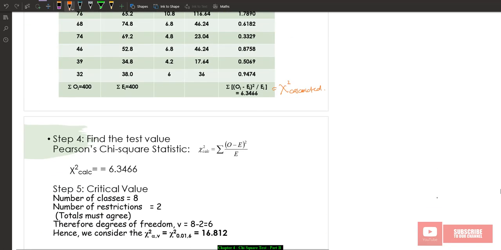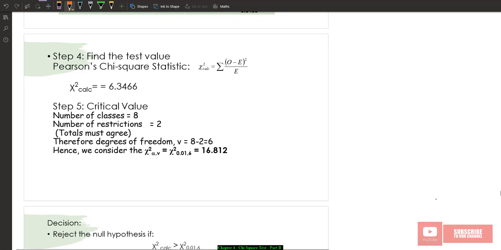Then step number 4, still the same procedure. We need to find the critical value. We have k equal to 8, minus 1, and we need to minus another 1 because we are using a formula to calculate the probability.